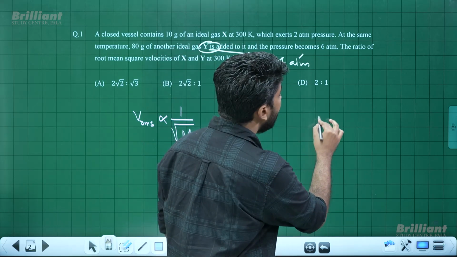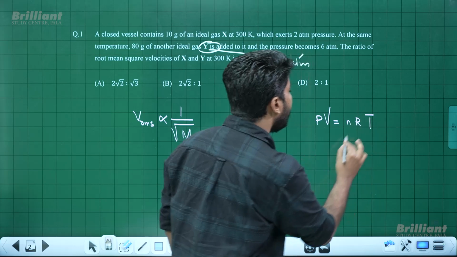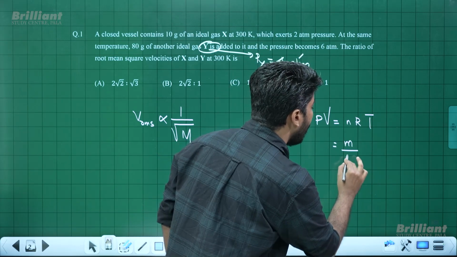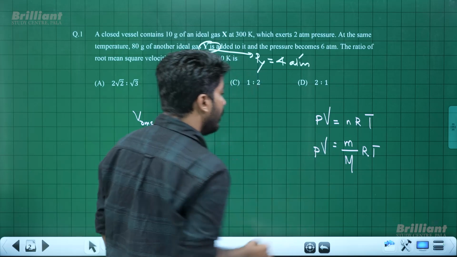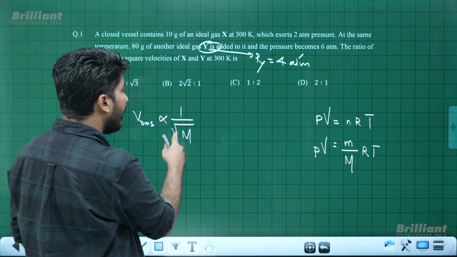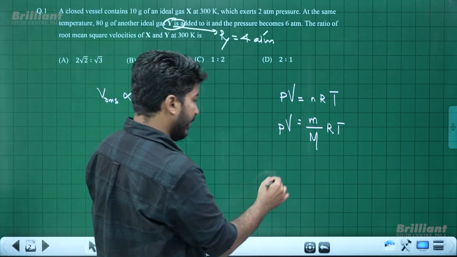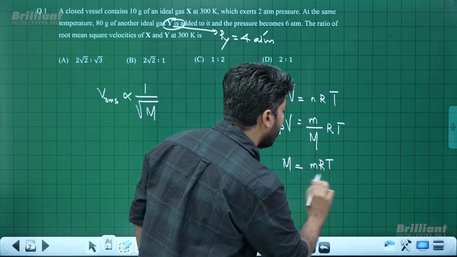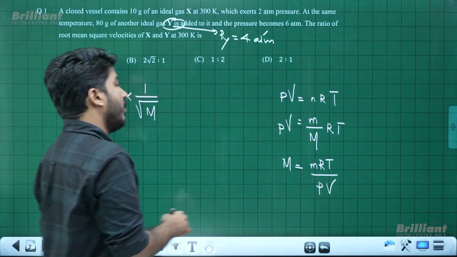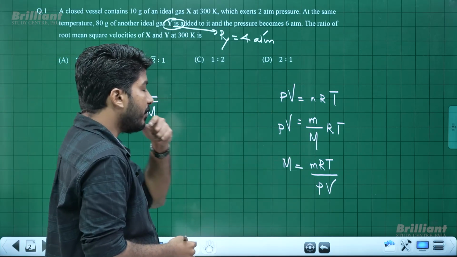And we know for an ideal gas PV = nRT, and n we can write as small m by capital M, given mass by molar mass. So we need to convert this capital M in terms of the given variables. From there we can write capital M = mRT by PV. So molar mass of an ideal gas can be written in this formula, mRT by PV.